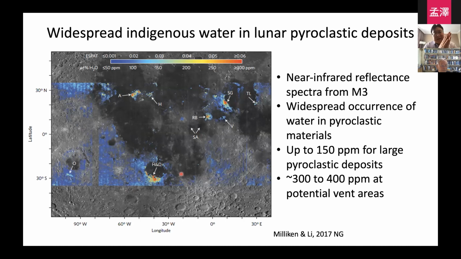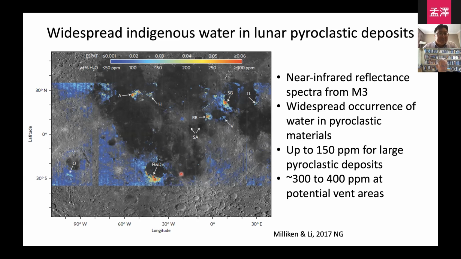And this observation is not related to the chemical compositions of these pyroclastic materials, or the latitude and longitude, I mean the locations. So that means this is likely a global observation.